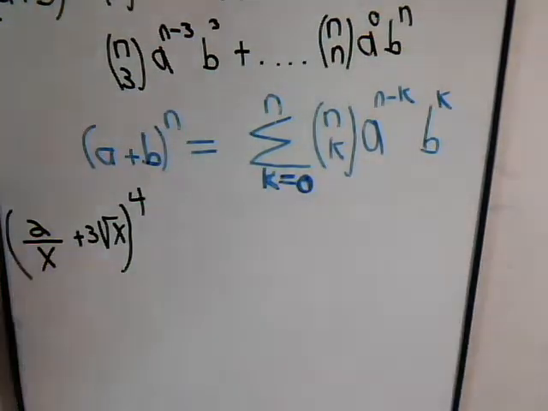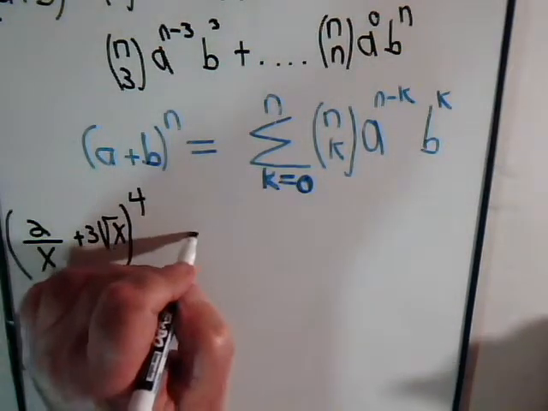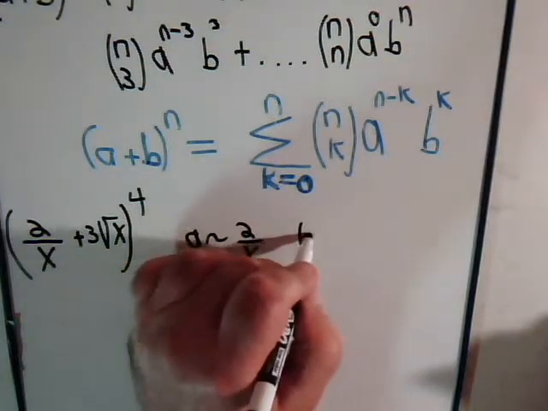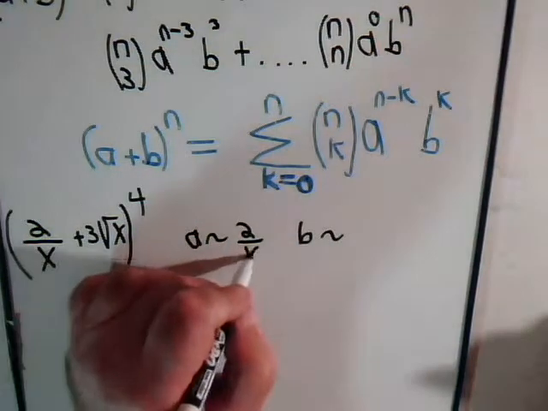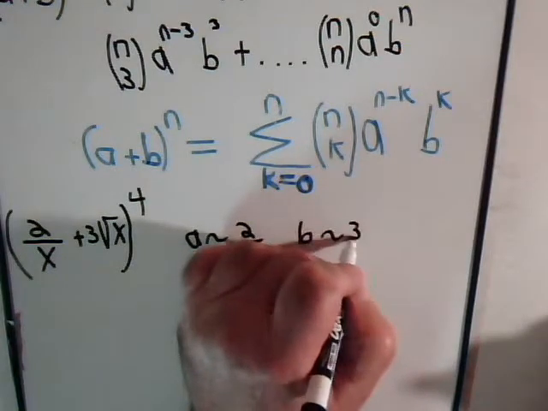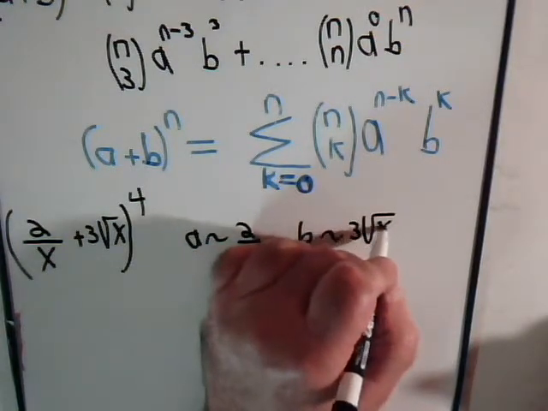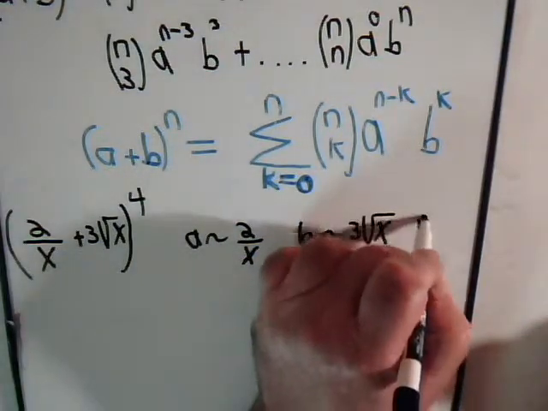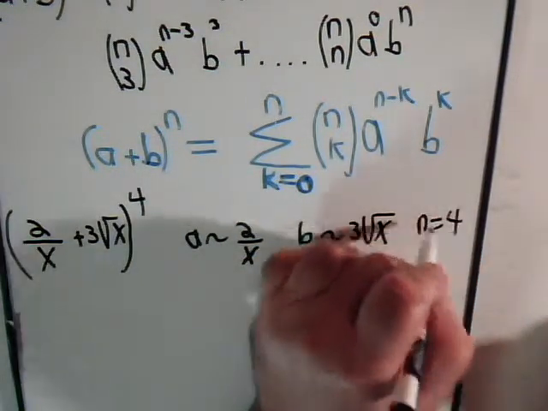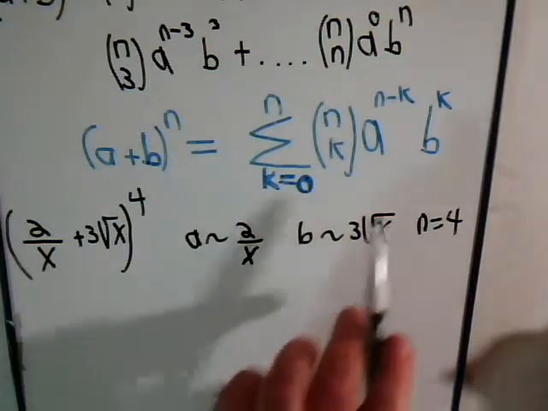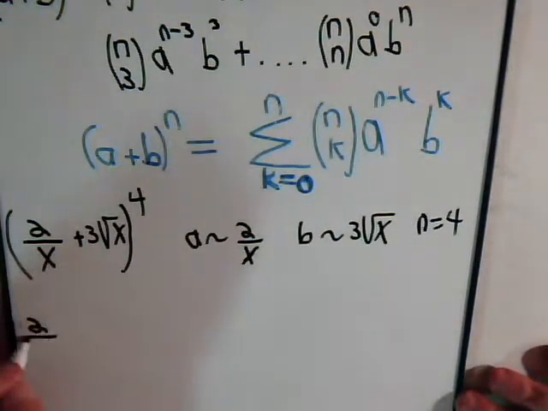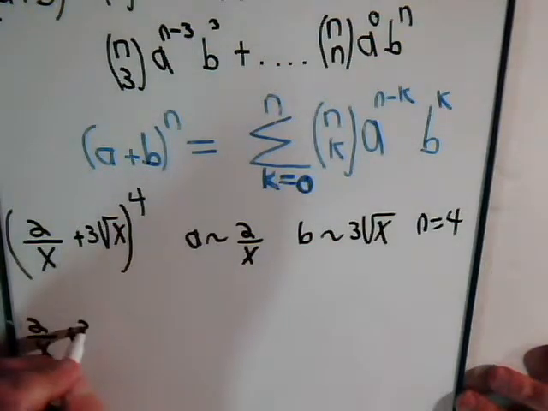So like we did in the previous video, we say, okay, this term here, that's our a term. The b term corresponds to 3 times the square root of x, and n, our exponent, is 4. So let's just go ahead and plug this into the formula like we did in the previous video and see what comes out. So we have this.